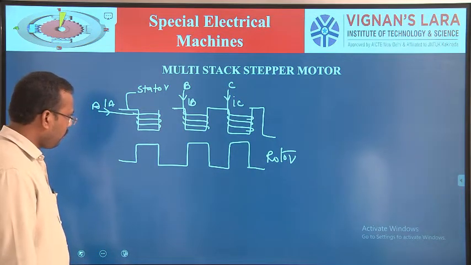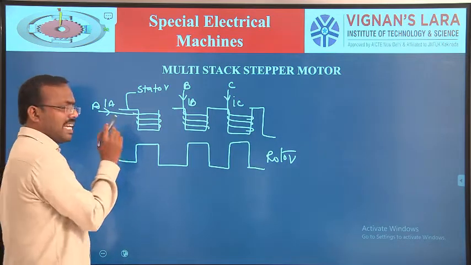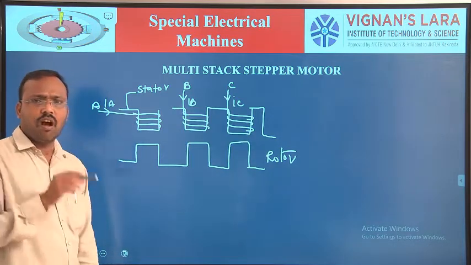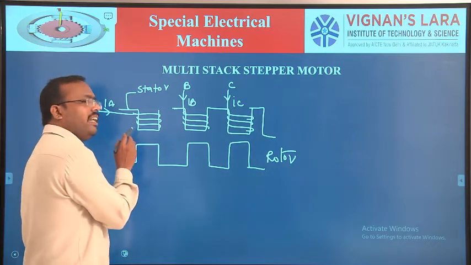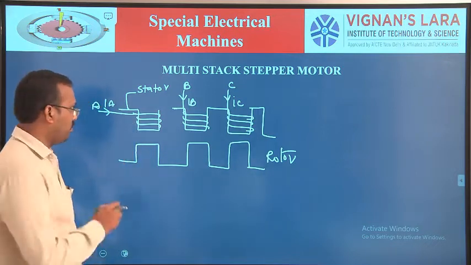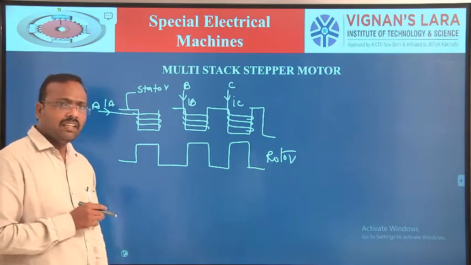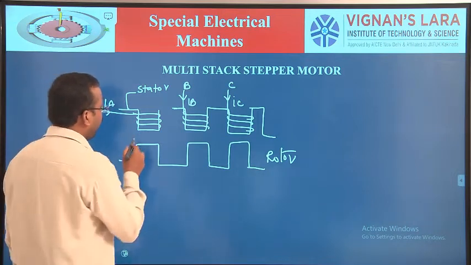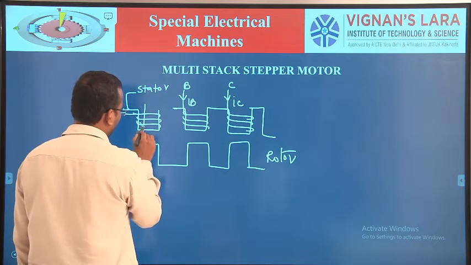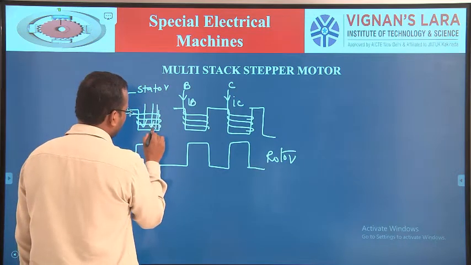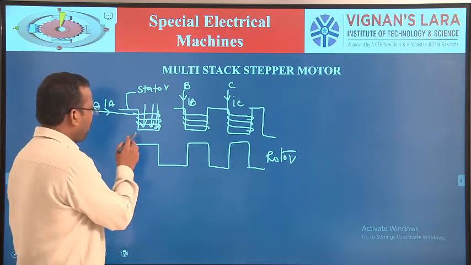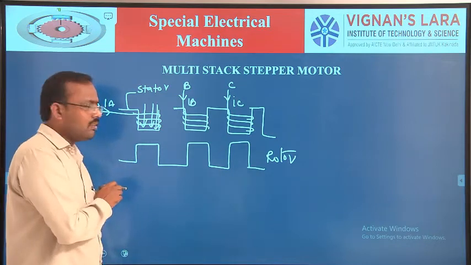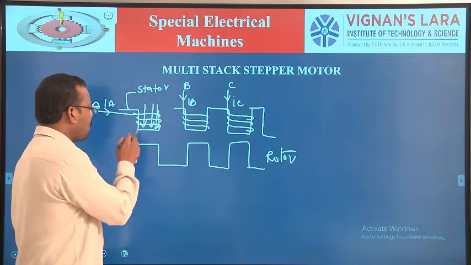Now, for stack A, for example, S1 is on. What happened? This winding is energized. Phase A is energized. The MMF is produced in the winding in similar fashion. So this MMF aligns the rotor towards the stator poles.